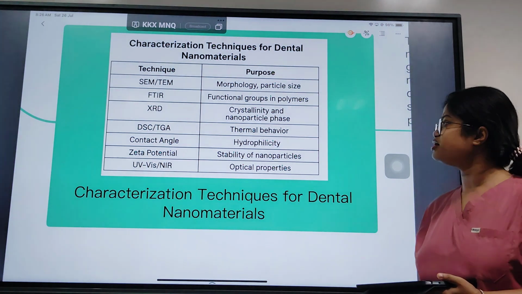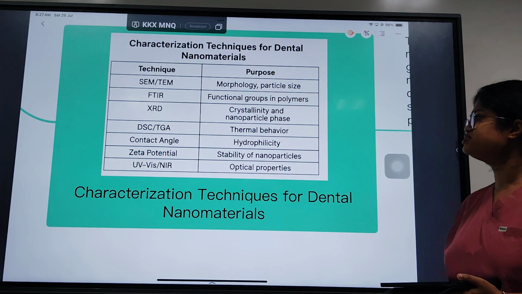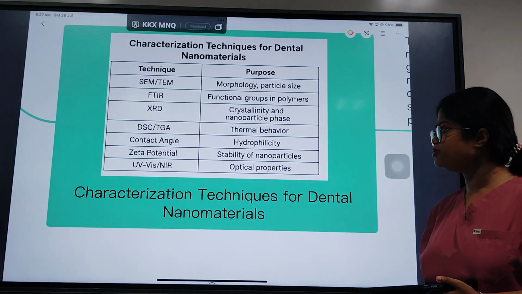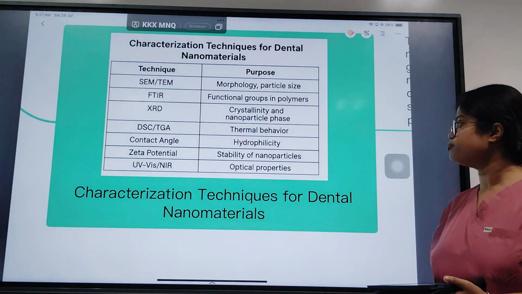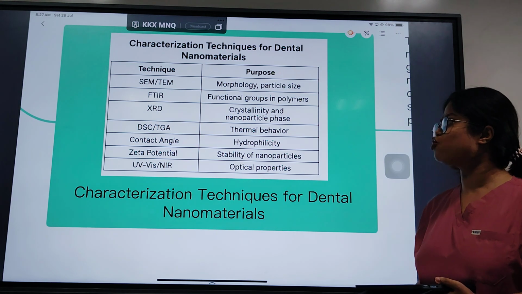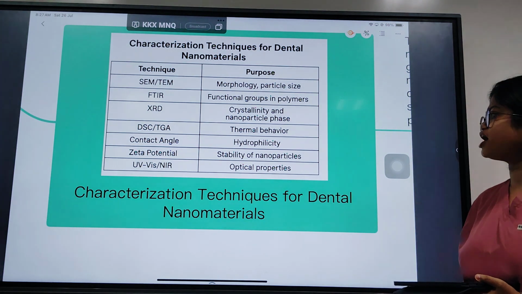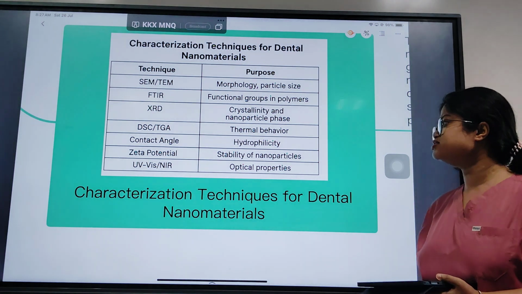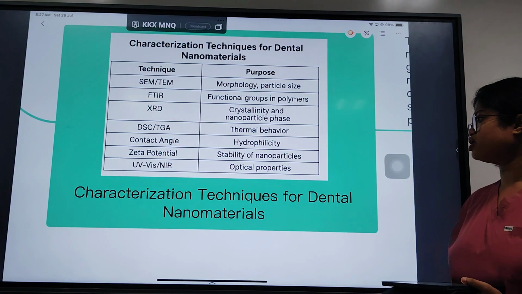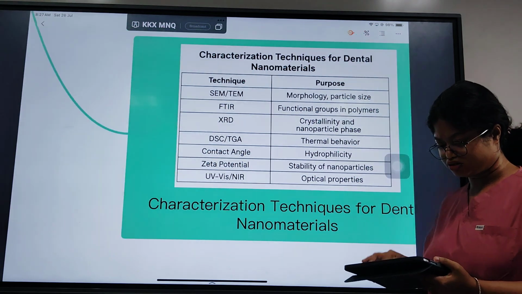XRD will show the crystallinity and nanoparticle phase differences. TGA and DSC will show the thermal behavior, how the properties of the developed materials change depending on temperature. Contact angle shows whether it is hydrophobic or hydrophilic. Zeta potential shows the stability of the nanoparticles, and UV and NIR are for optical properties.